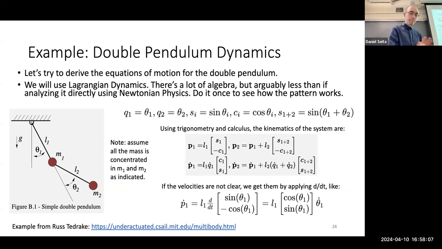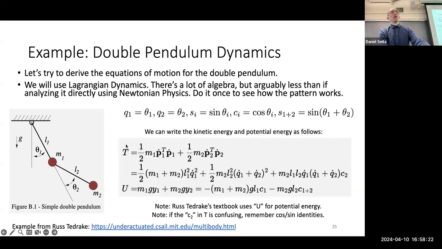All right, then. This is our setup. We have generalized coordinates, we have position, and then we have the change in position as a function of time. Now, using what we computed earlier, you can write out the kinetic energy and the potential energy like this.